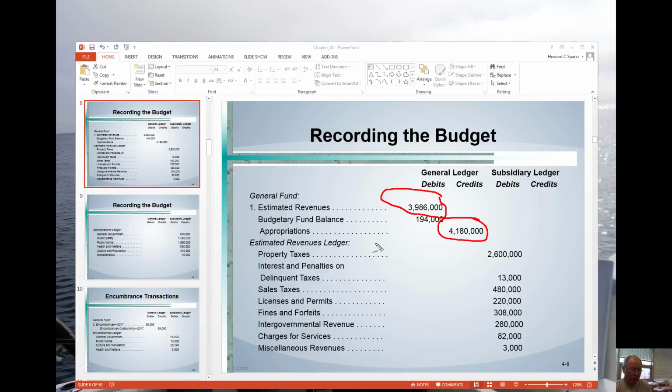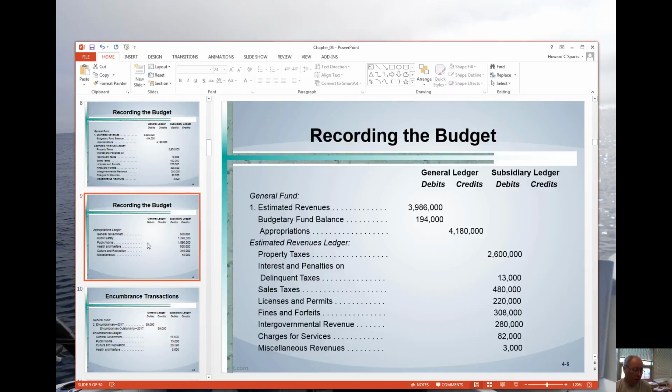The screen isn't big enough, so all we have here are the ones for the estimated revenues. The next slide has the appropriations part, so let me cue that up. And so now you can see the rest of it.